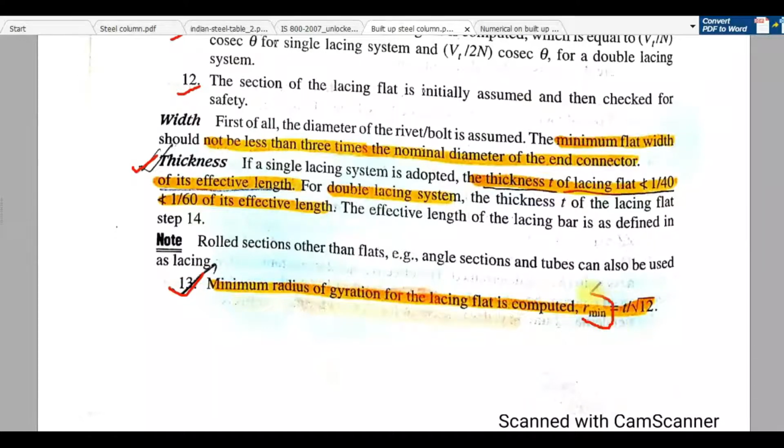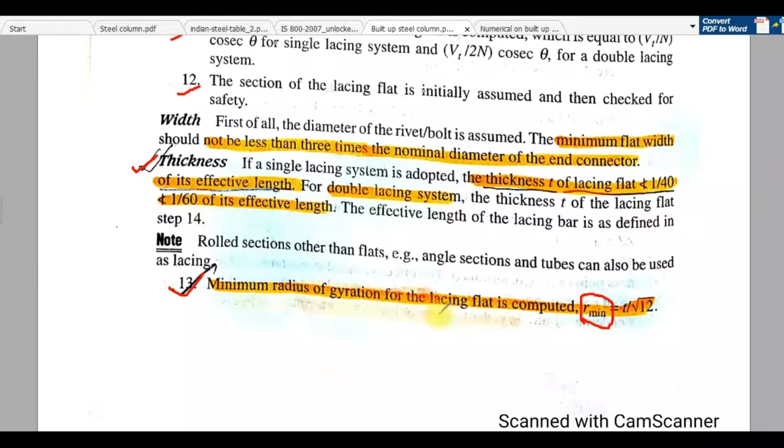If you know the radius of gyration, that means you know the effective length of this lacing bar, you can find the slenderness ratio, and also if it is a rectangular section, then you can find the buckling class. Then using the proper table, you can find the design compressive strength of the lacing bar.